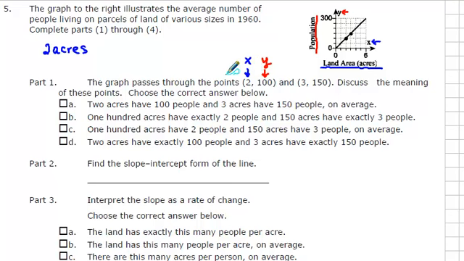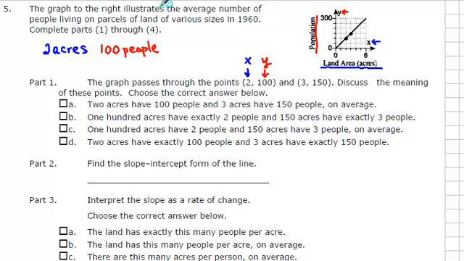So our second number, 100, corresponds with 100 people. So this first ordered pair indicates that on 2 acres there are 100 people.